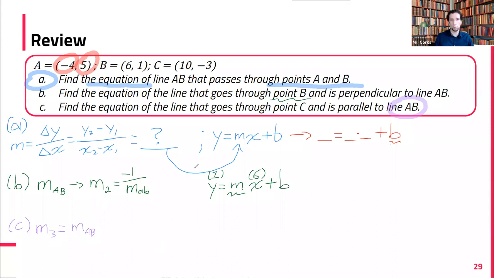Then once again, use the coordinates for point C, the x and y values, and calculate our b value for mx plus b. There's the m, there's the b, there's the equation of the line. Okay, so that's the process for this.